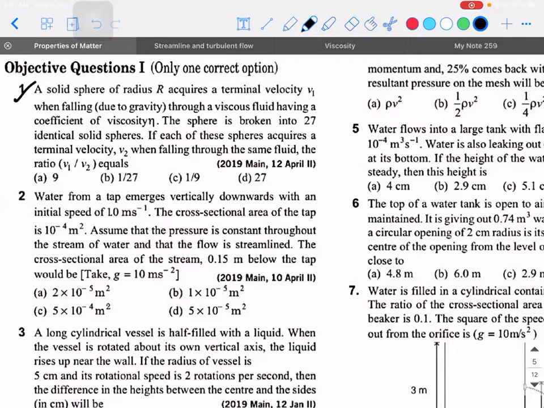How to do? Sir, 9 as the answer. I have to check.